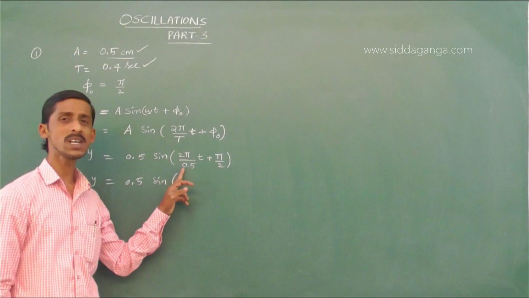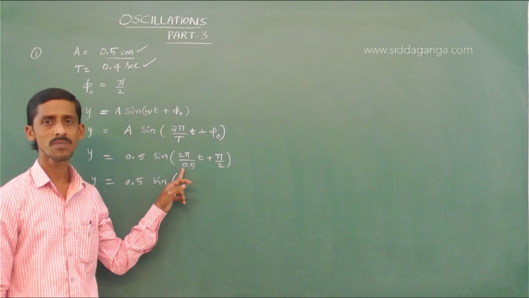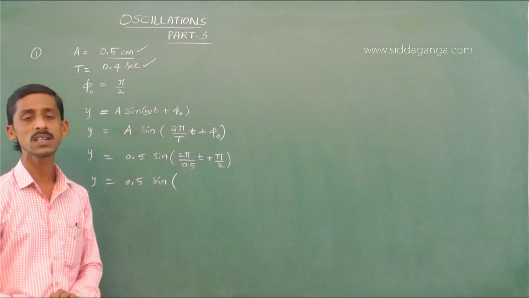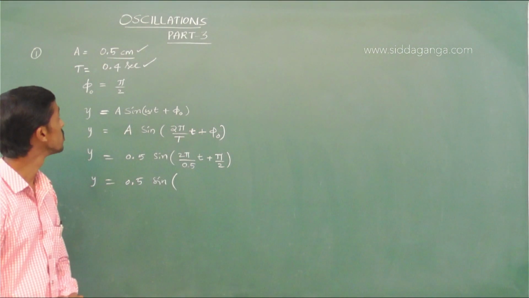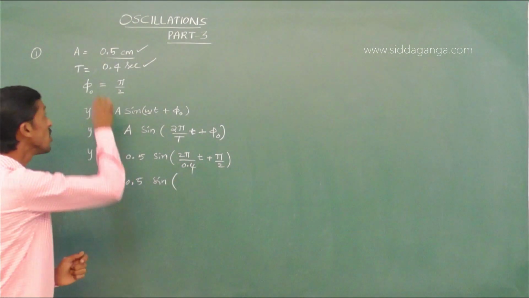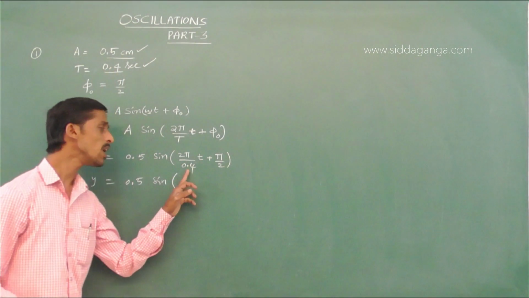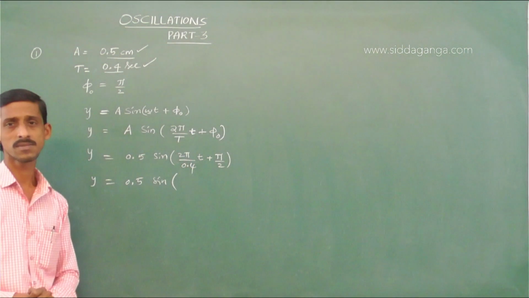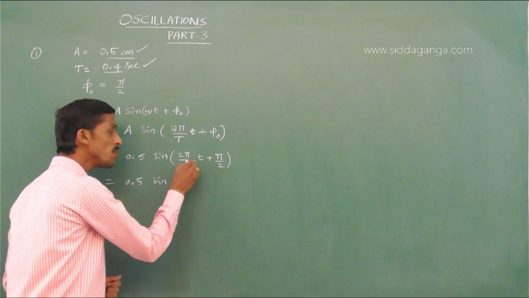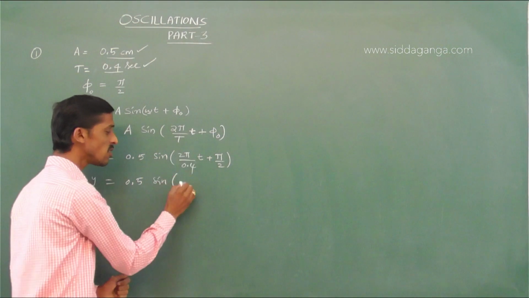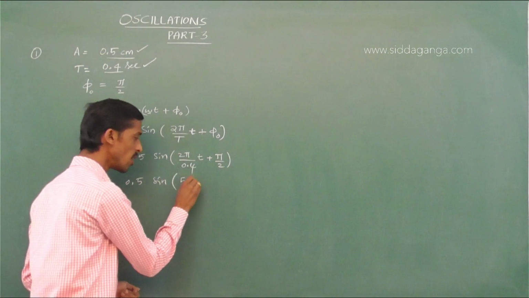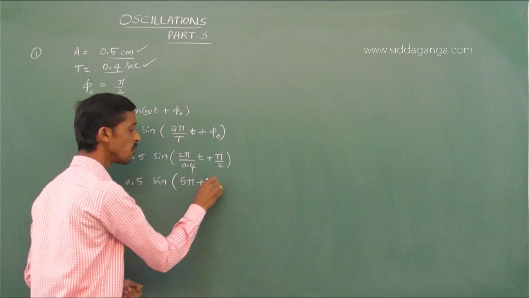So y is equal to 0.5 sin of 2 pi divided by 0.4. If 0.4 goes to the numerator, 2 by 0.4 is 5. So y equals 0.5 sin(5 pi t plus pi by 2).